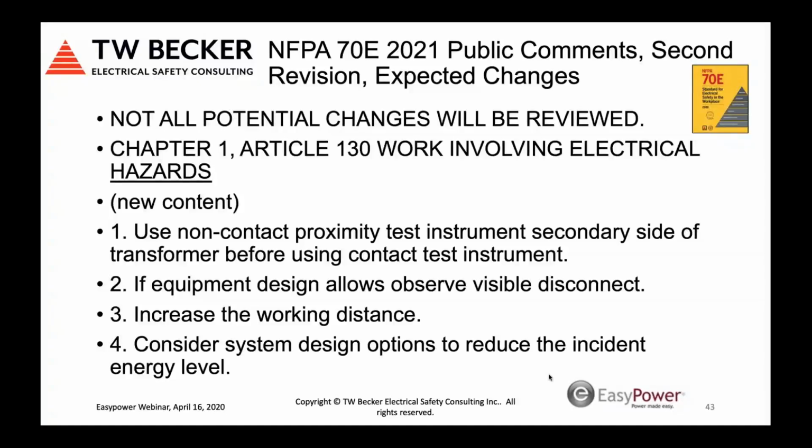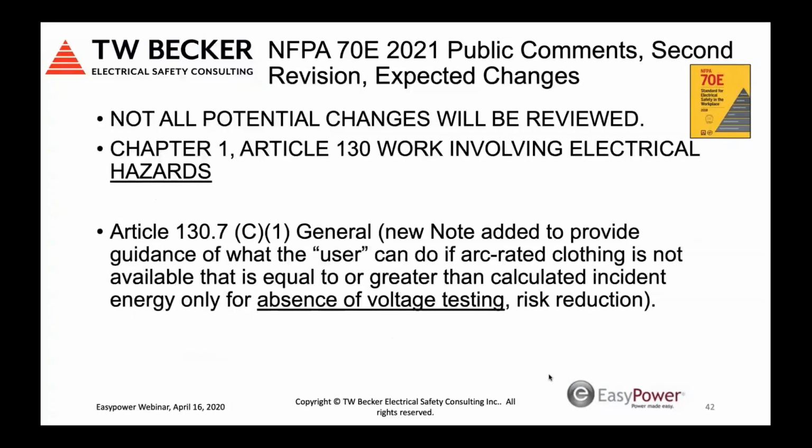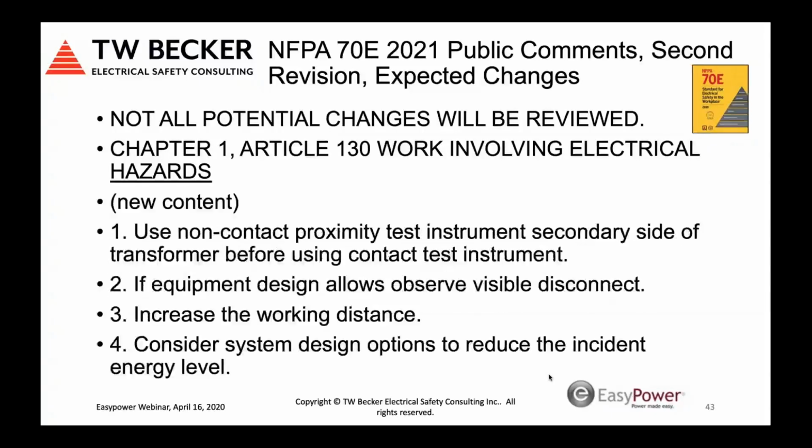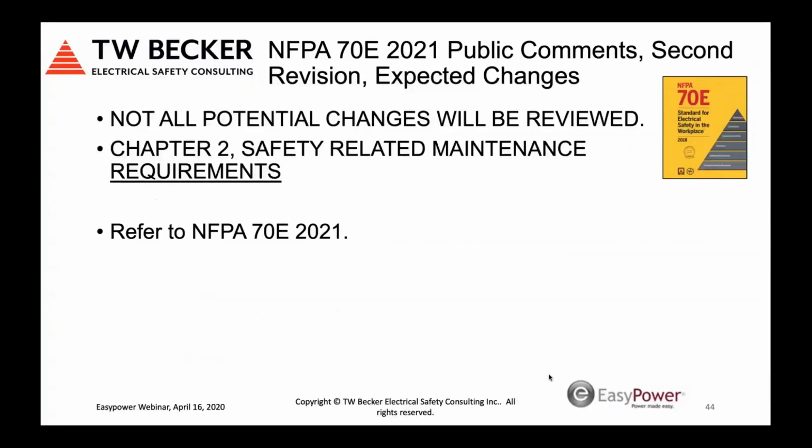And there's quite a few of those available that have evolved from options available from equipment manufacturers. So again, if the incident energy is greater than the available arc flash PPE, only for absence of voltage testing, here's some suggested items that the employer could consider to then have the work completed.